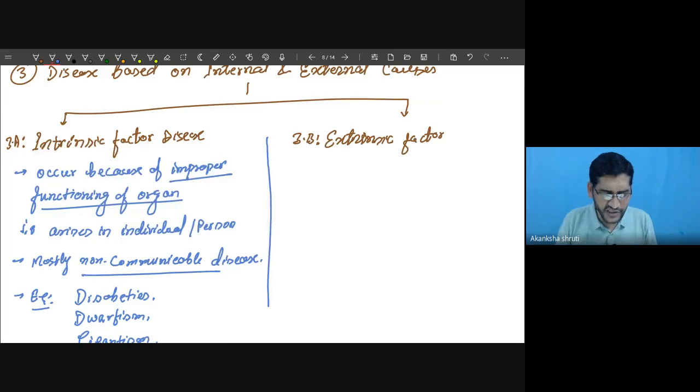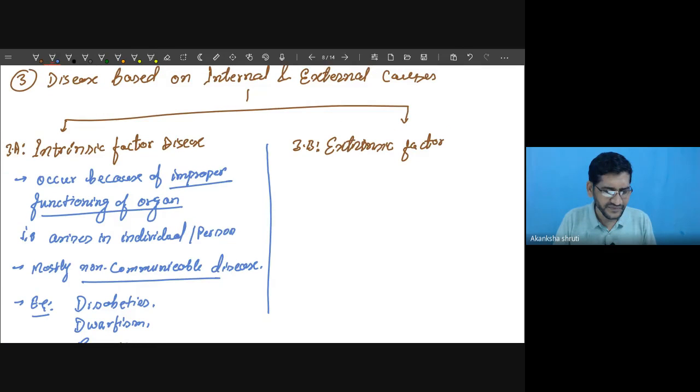Now coming to the extrinsic factor. Extrinsic factors are those which occur from external sources or external factors, maybe because of a pathogen.